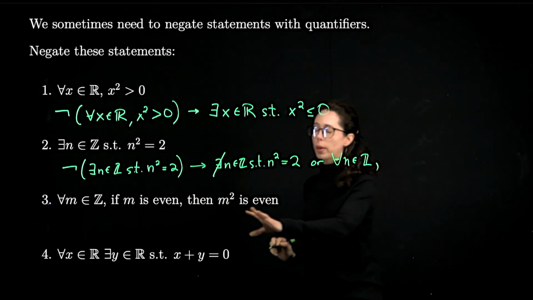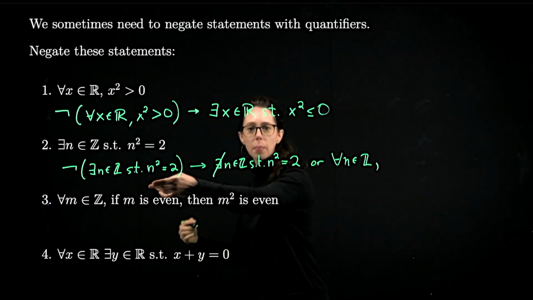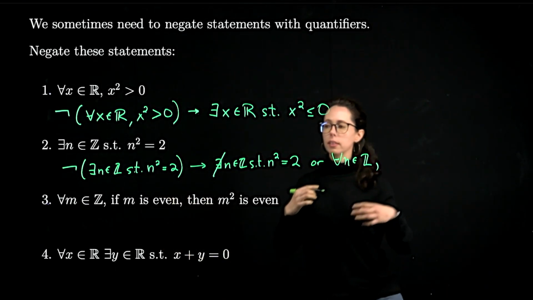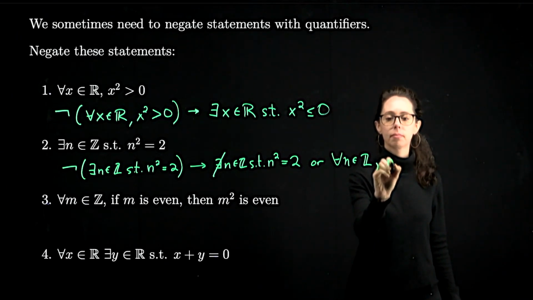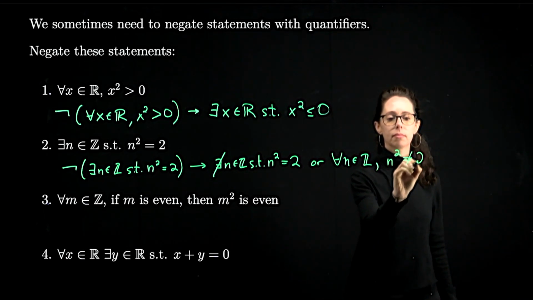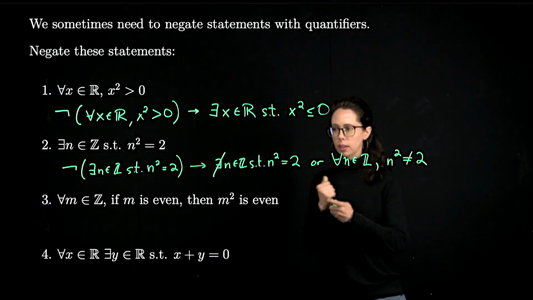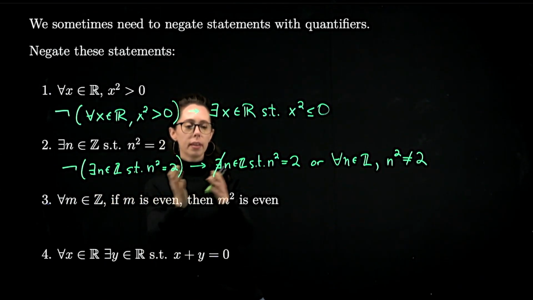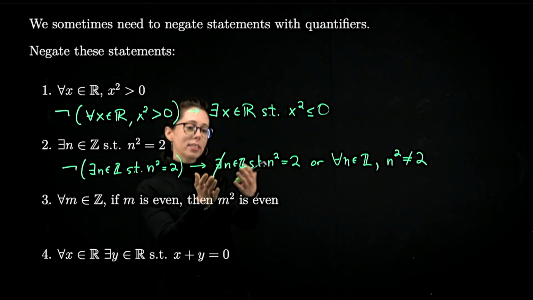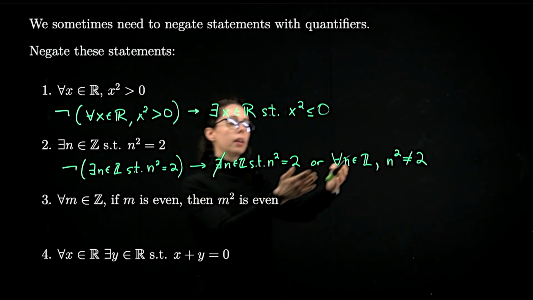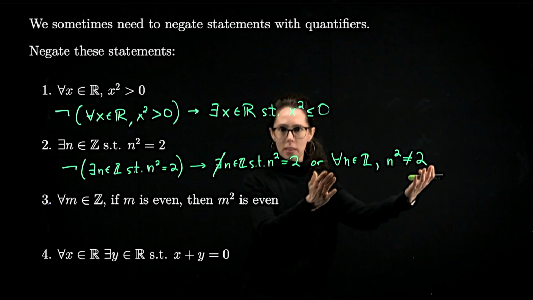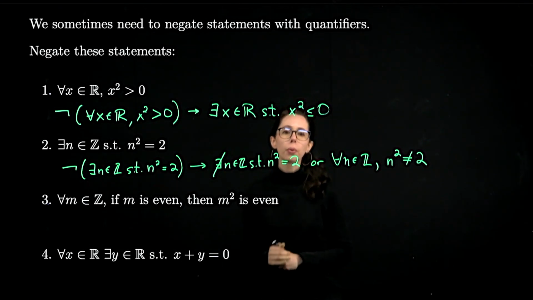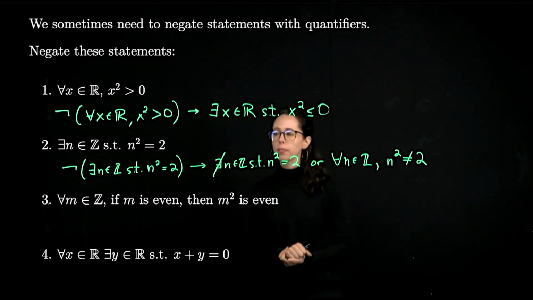Here, there's a very nice way to say not this property, not the property n squared is 2, is n squared is not 2. So if it's not the case that there exists an integer with a property, then either you can just say there does not exist an integer with that property, or for all integers, the opposite of that property. Both communicate the same negation of the original phrase.